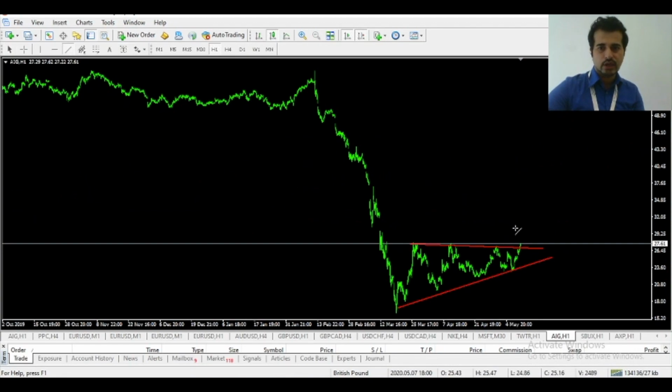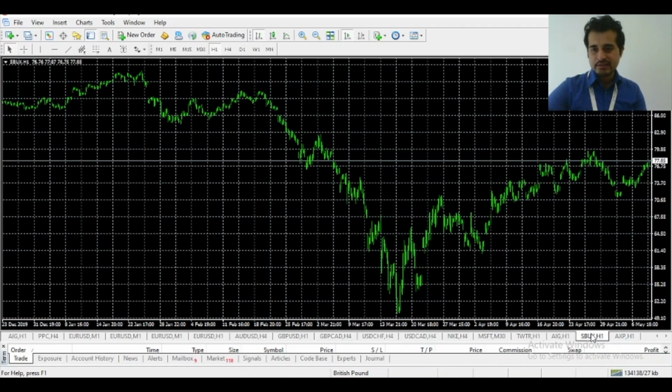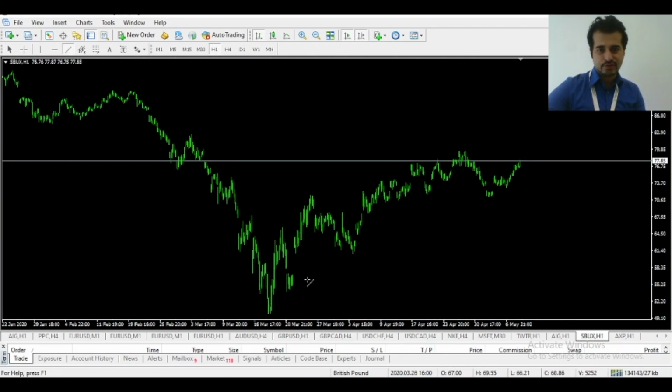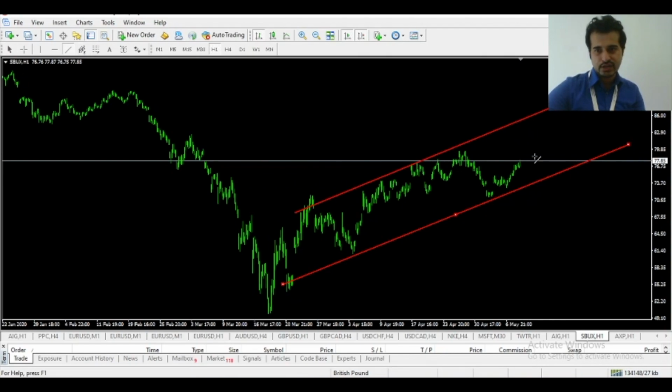So for this week, I'm looking for it to move up. Starbucks, I'm also looking for this to move up. As I mentioned earlier, 98% of the stores are going to be open in the United States, so this will bring a bullish volatility for the stock. I'm going to expect this to grind higher this week.